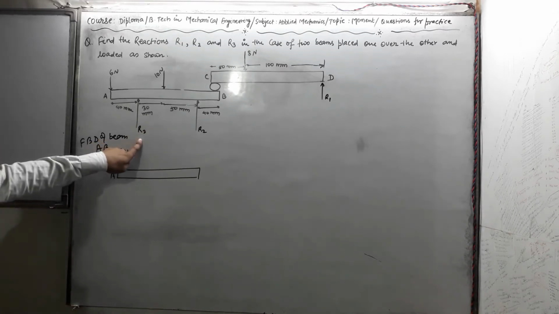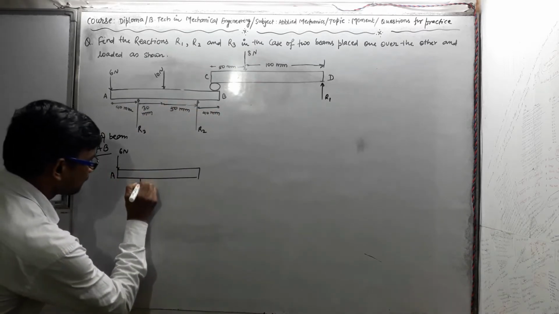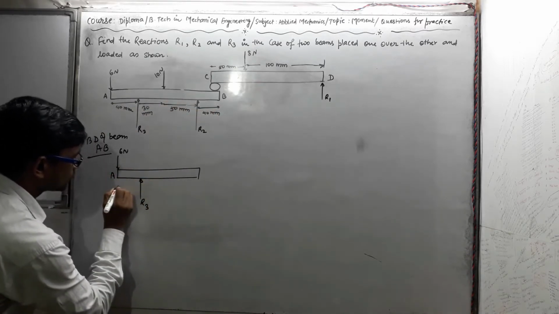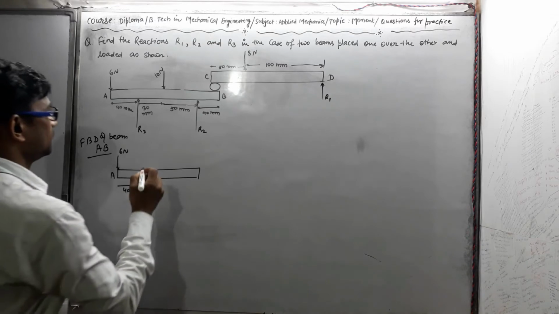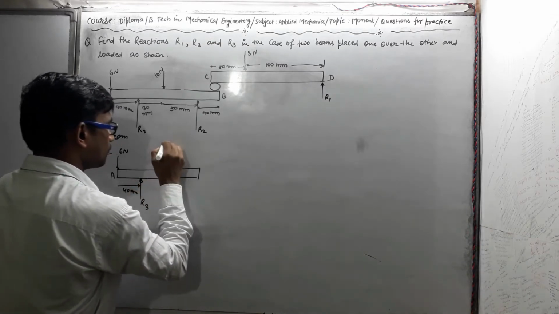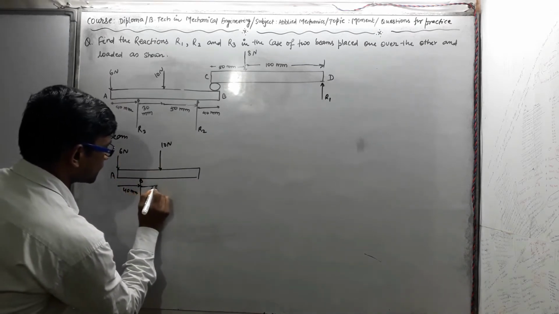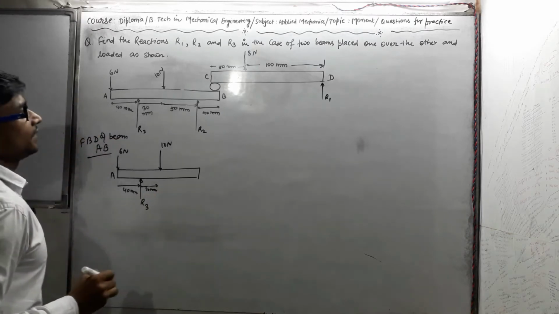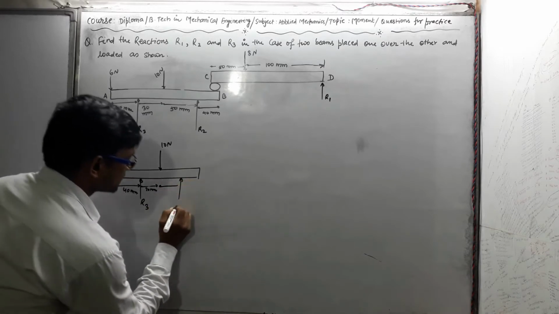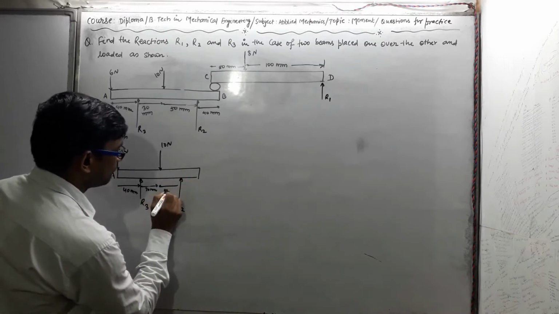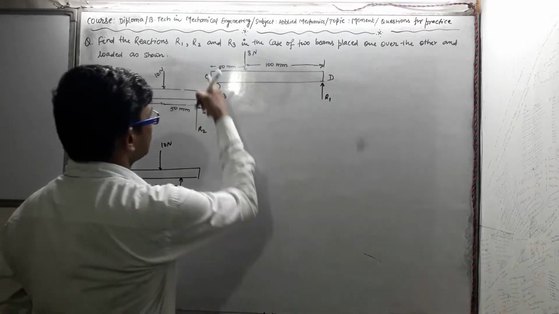So R3 is the reaction force acting at a distance of 40 mm from the leftmost end of the beam AB, and the 10 Newton force is acting in the downward direction at a distance of 30 mm from this point. One more reaction force in the vertical direction is R2, acting at 50 mm from this point.